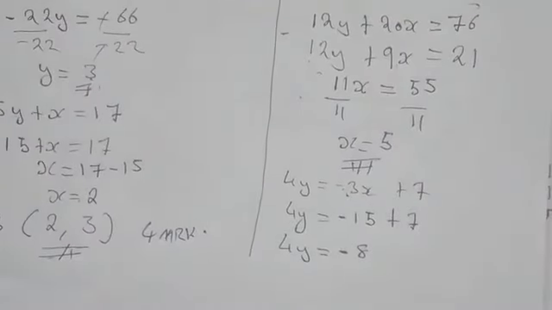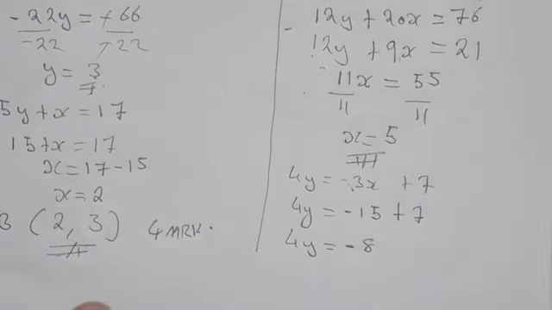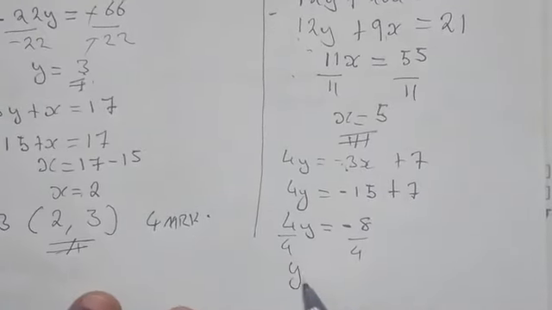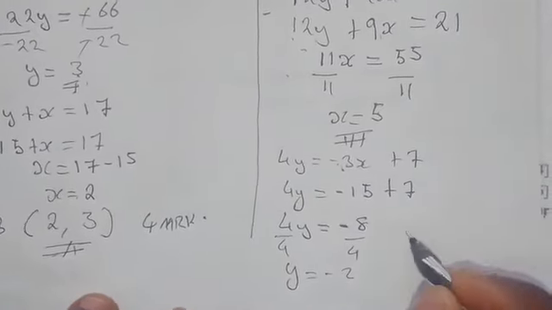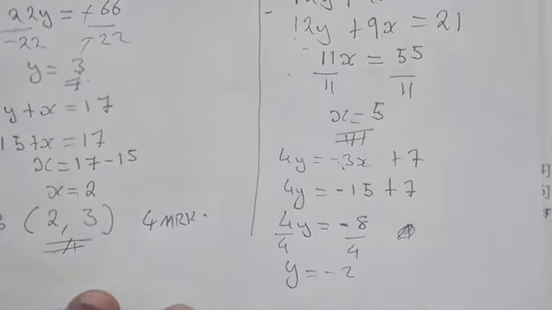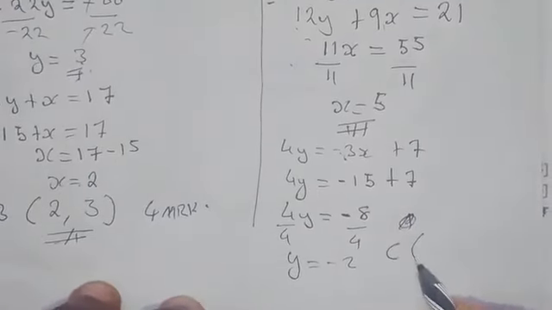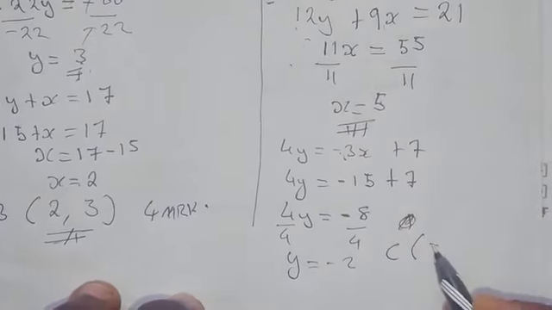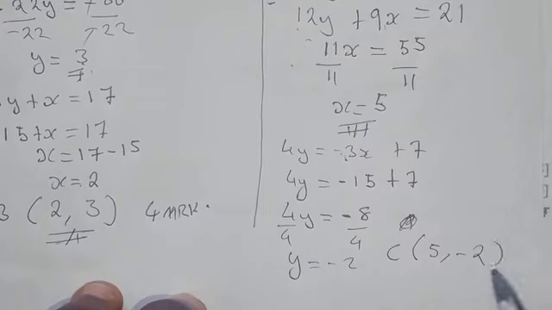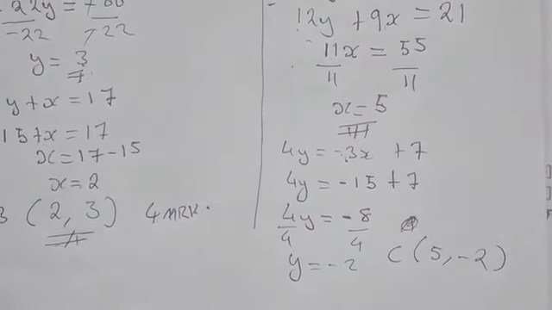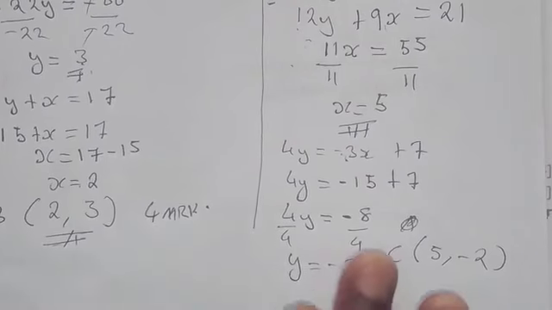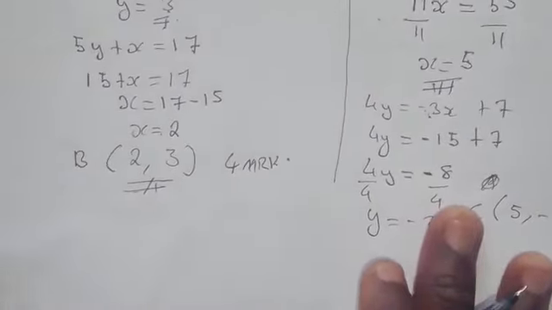Then we make y the subject of the formula by dividing both sides by 4, hence y is equal to negative 2. So the coordinate for C we have found is 5, negative 2. Having found the coordinate of C, we can now find the magnitude of AC.